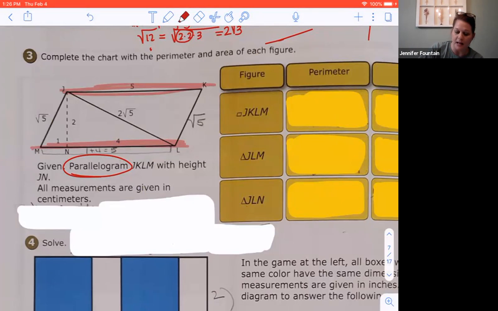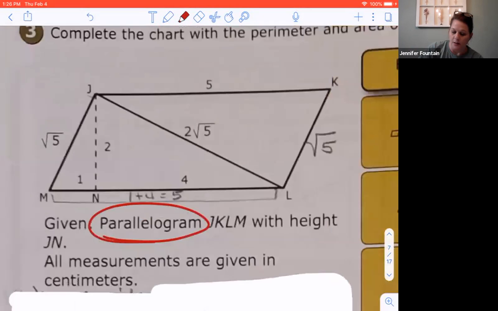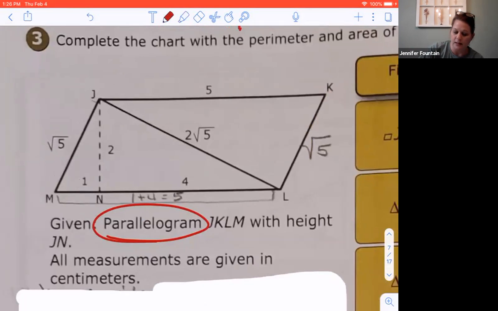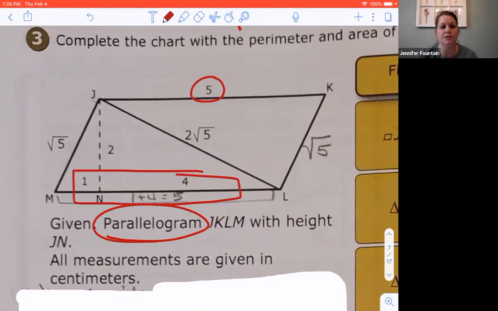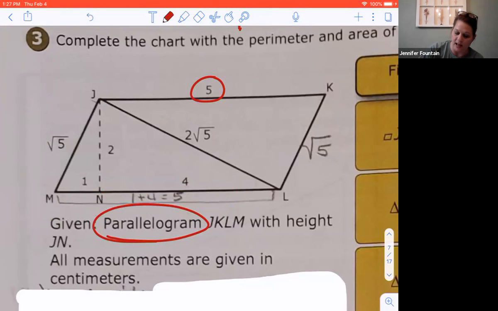So notice that my top one is 5. My bottom one is also 5, but I'm having to add these 2 together because they've said that, hey, this part is 1, this part is 4. So when I add them together, that side is 5 as well. And we also talked about how not only are those congruent and parallel, then these sides are parallel and they are also congruent.